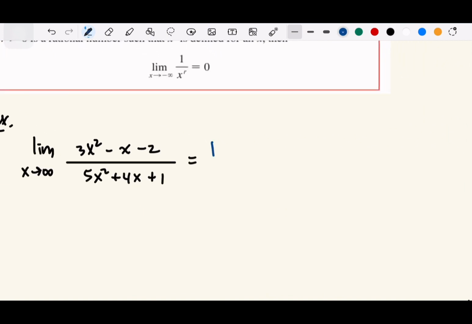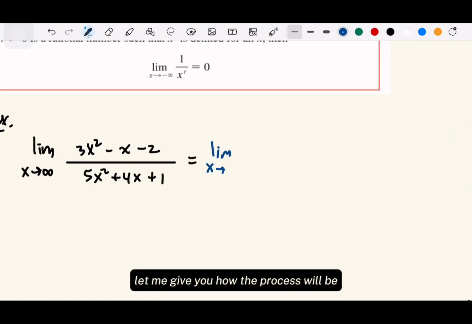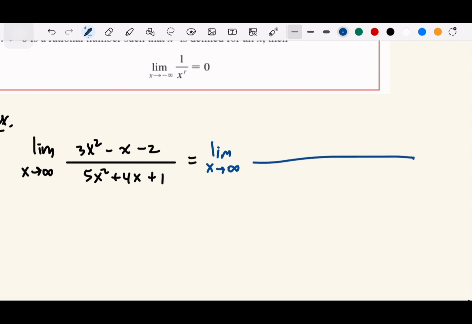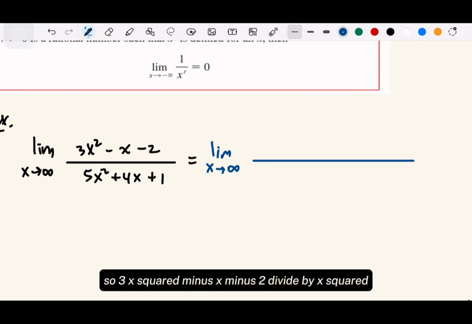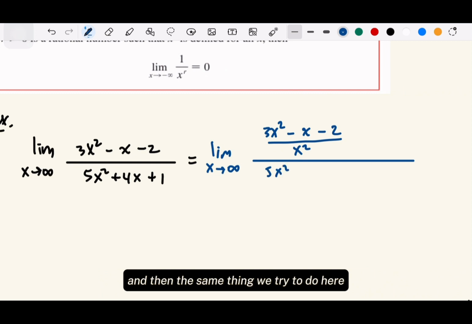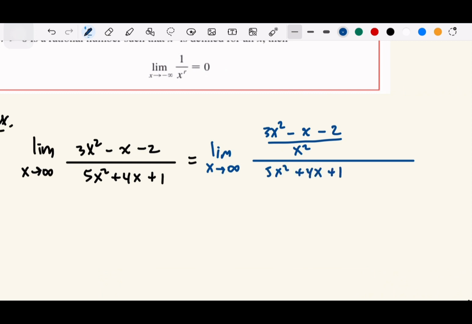So, let me give you how the process will be. I would like to start by dividing by the highest polynomial degree, which is x squared. So 3x squared minus x minus 2 divided by x squared, and the same thing we do here, divide by x squared.